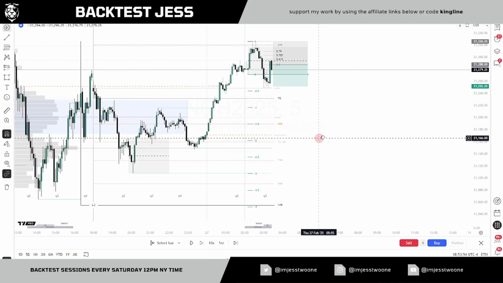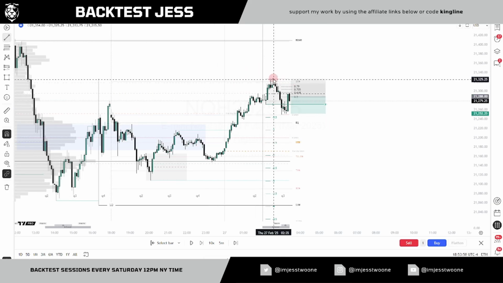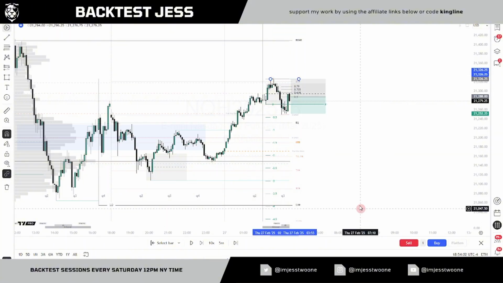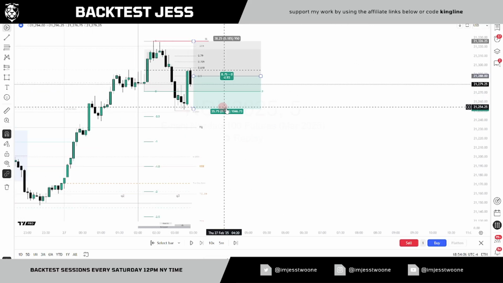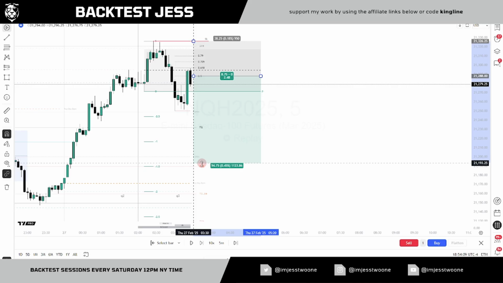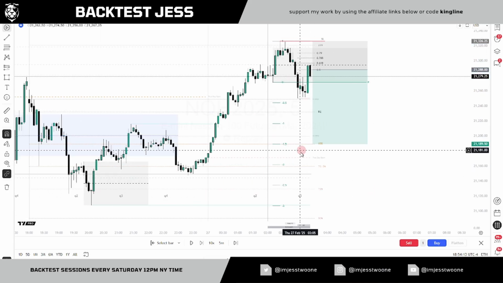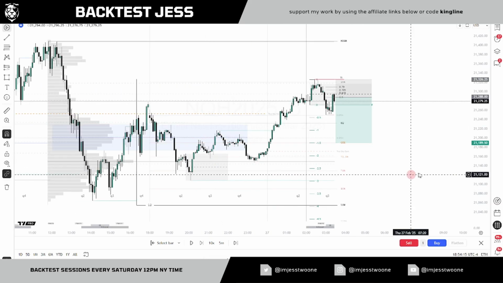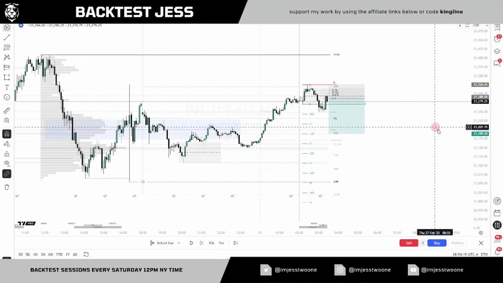And because we haven't gotten a rep this entire backtest session. This is kind of like streaming live, right? We sometimes just take trades because we haven't taken the trade. But I'm going to take this to see where it leads. Maybe I'm wrong. Maybe it brings us back into OTE. So our first target is 1.5. We will hold as long as 4.5 if we're given the opportunity to trail our stops.